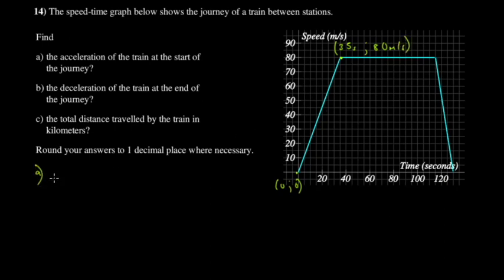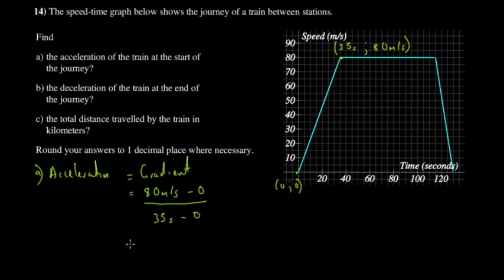Okay, so acceleration a is equal to gradient, which is equal to change in y, or the y-axis is the speed axis. Okay, so 80 meters per second minus 0 over 35 seconds minus 0, then we get 80 divided by 35.